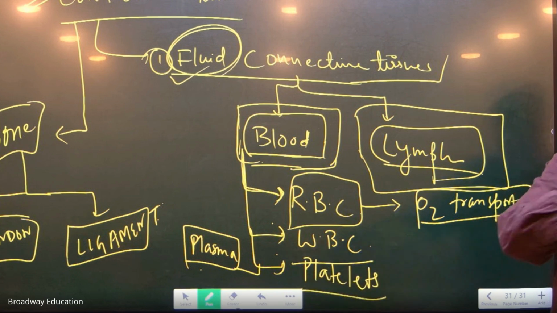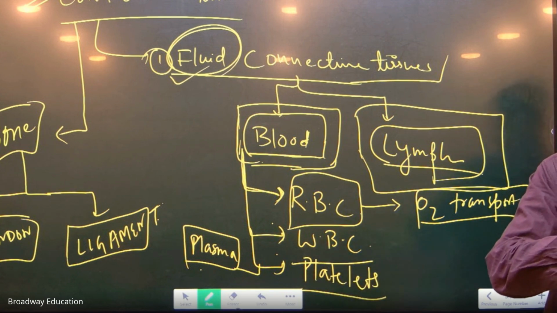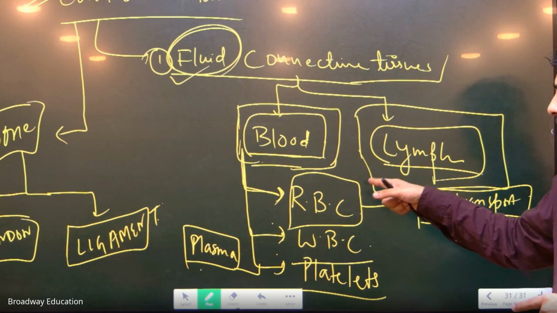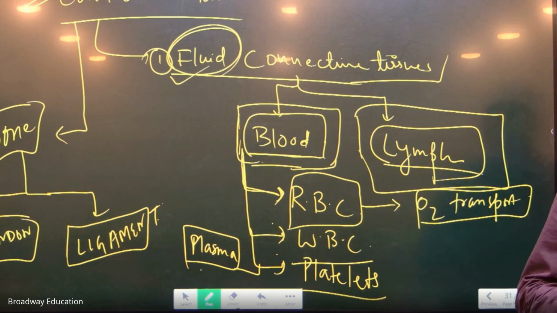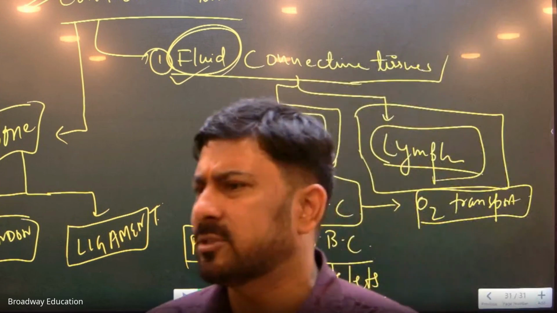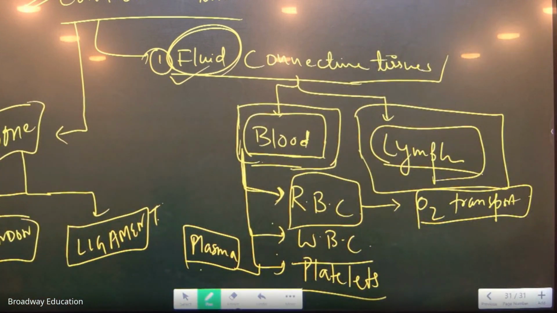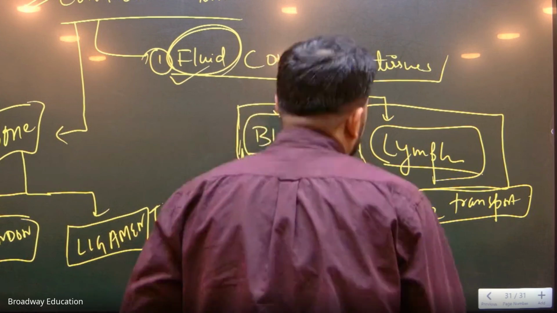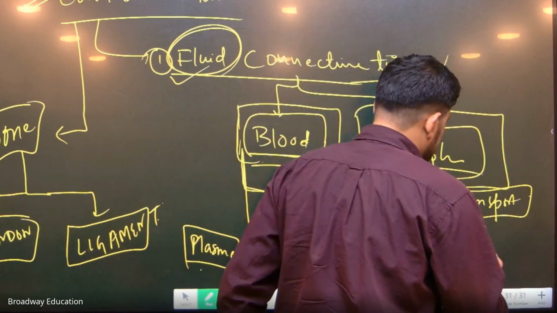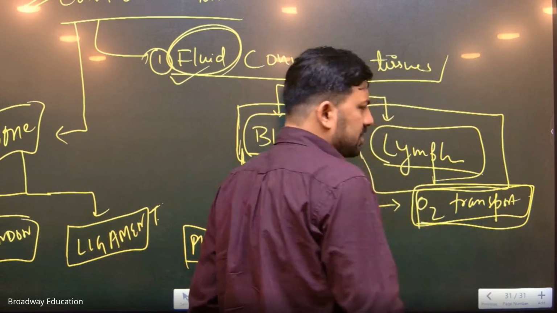Do you remember my yesterday's lecture? RBC cells don't have a nucleus because without a nucleus more oxygen can be accommodated, and hence it can transport more oxygen. So RBC, red blood corpuscles, main function is O2 transport.